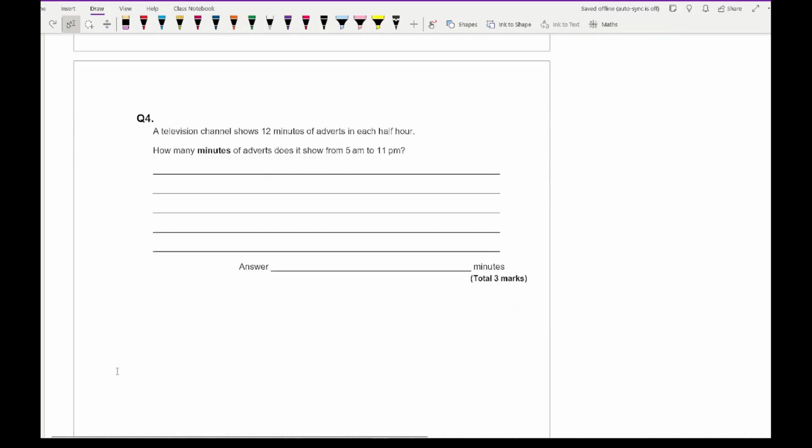Moving on to question 4, it says that a television channel shows 12 minutes of adverts each half hour. How many minutes of adverts does it show between 5 AM and 11 PM? So here the hour difference between 5 AM to 11 PM is going to be 7 hours plus 11 hours, which is 18 hours.